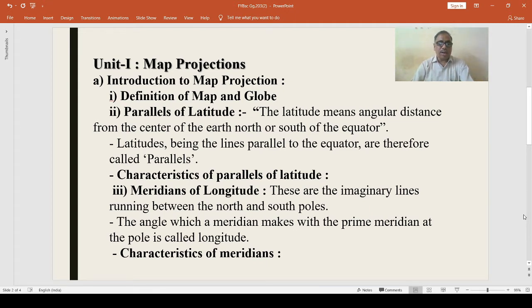The north pole is 90 degrees north and the south pole is 90 degrees south. Latitude means angular distance from the center of the earth, north or south of the equator. Latitudes, being the lines parallel to the equator, are therefore called parallels.